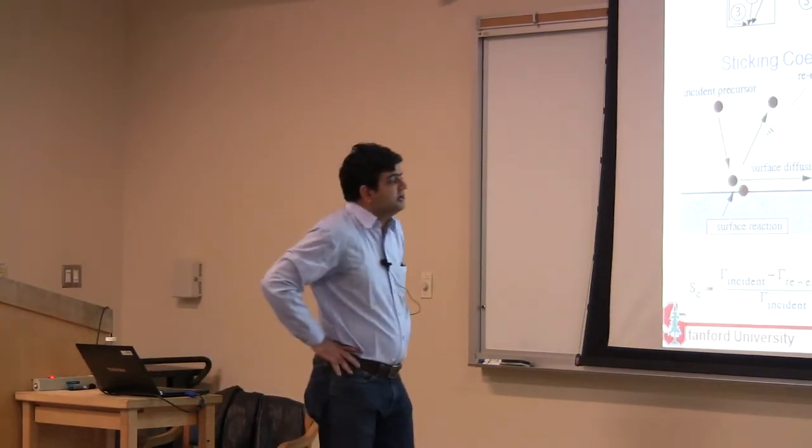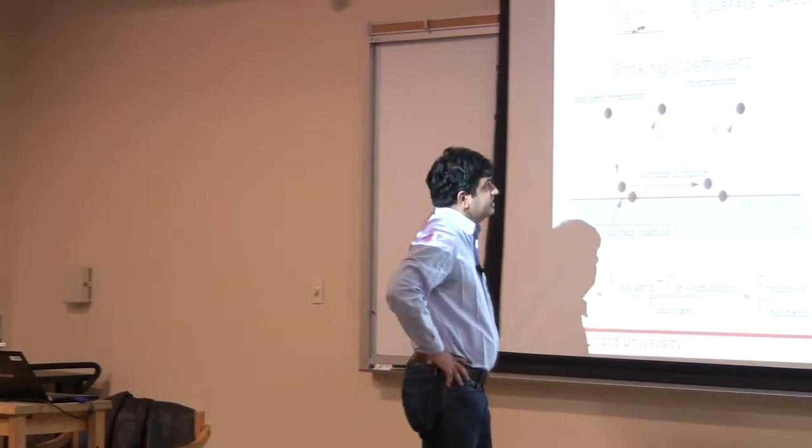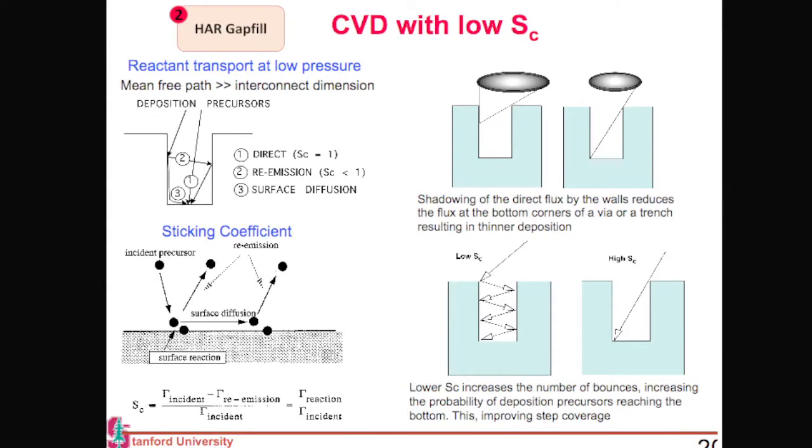Right, so how about other deposition techniques? How about CVD? CVD can operate in many regimes. One of the important things in CVD is the sticking coefficient. If an ion comes, what is the probability that it sticks to that surface? If I operate at a high sticking coefficient, then if something comes here, it would just stick over here.